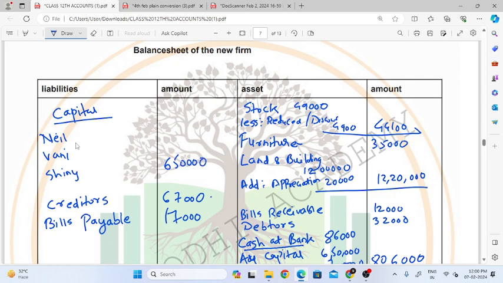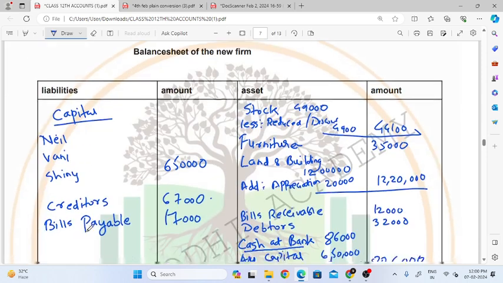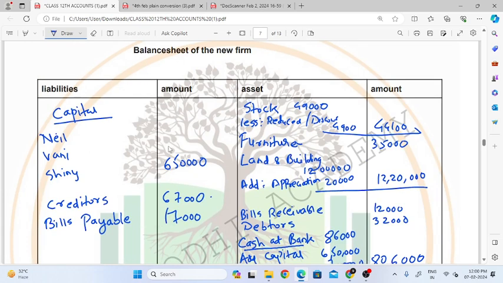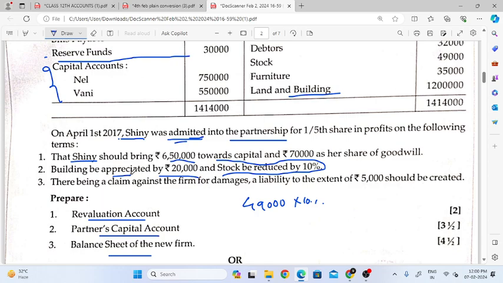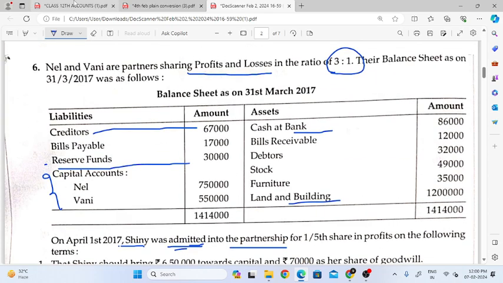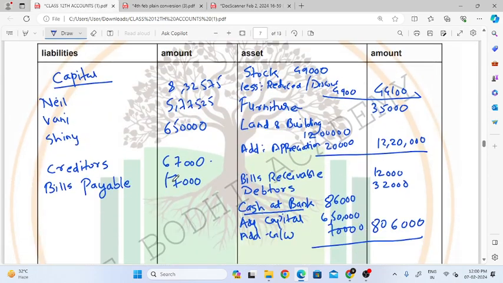Then Vani's we got over here as 5,77,525. Neil we got as 8,32,575. Is anything left to take? I guess no, because everything we took over here while preparing the balance sheet.